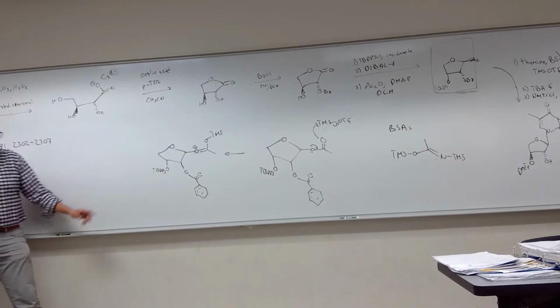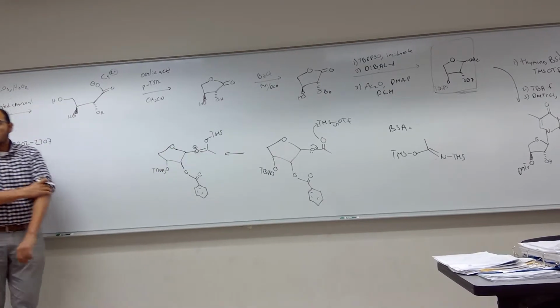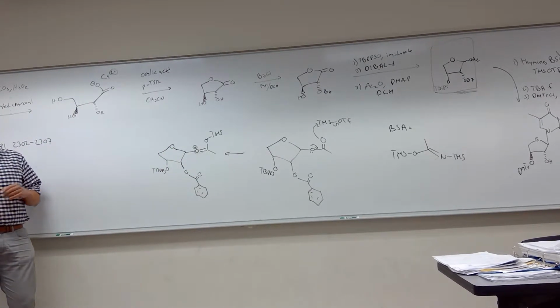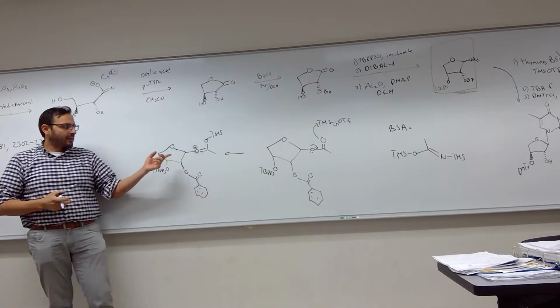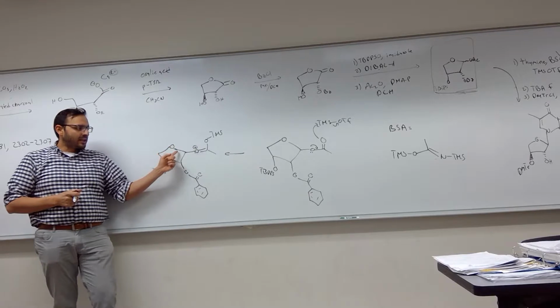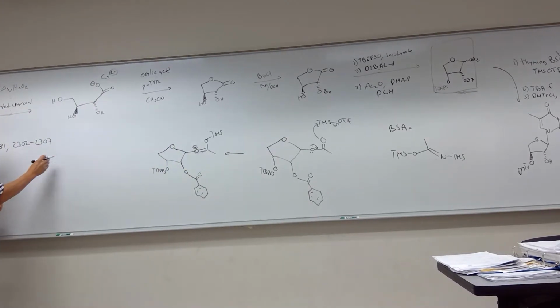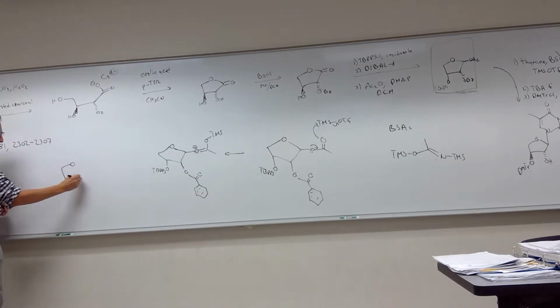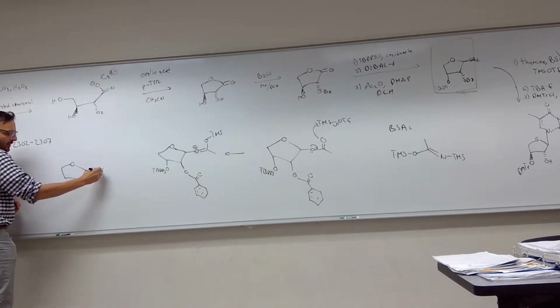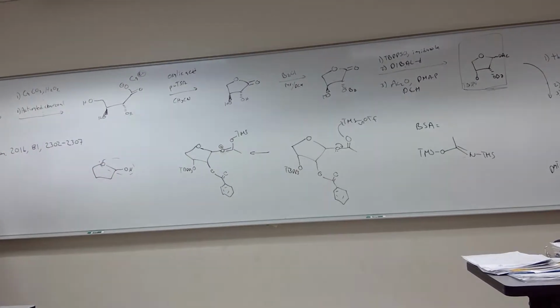Now, as you already saw, this is the anomeric position in this particular case. In all of the ribose, the deoxyribose, glycose chemistry, there is one carbon that's bound to two oxygens. If you think about it, this is essentially a hemiacetal. So if you have something like this, it's a hemiacetal, and those are unstable.